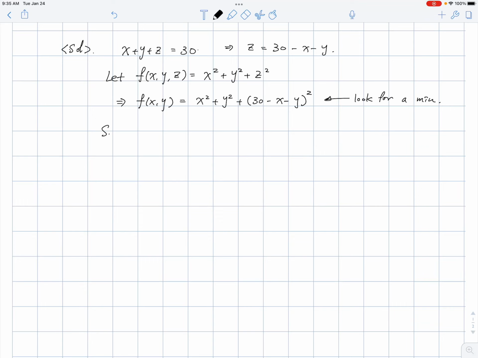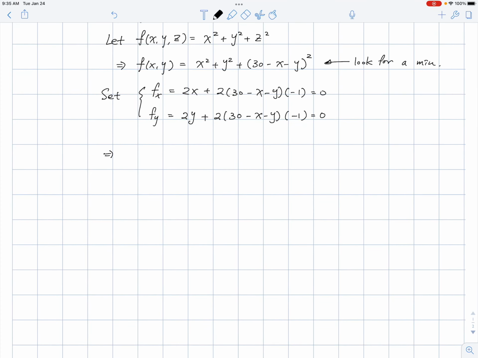So set df/dx, which is 2x plus 2(30 minus x minus y), and then the derivative of the inner function is -1, equal to 0. df/dy is 2y plus 2 times (30 minus x minus y) times the derivative of the inner function, that is another -1. Okay, so simplify this a little bit.